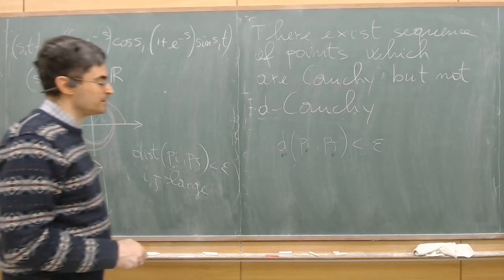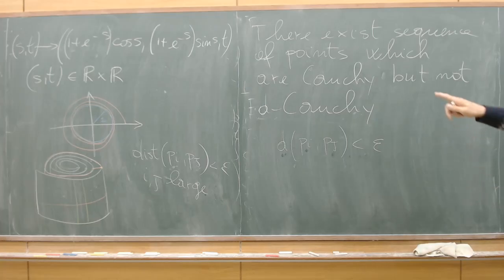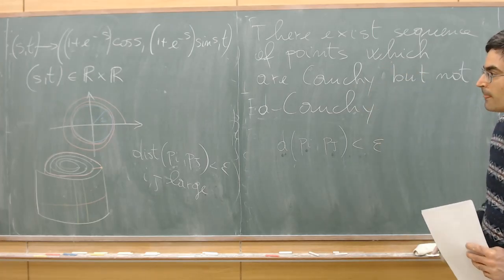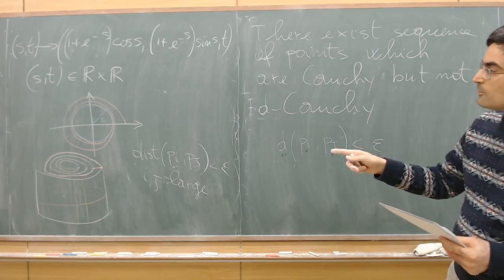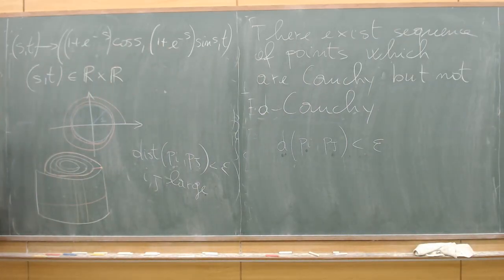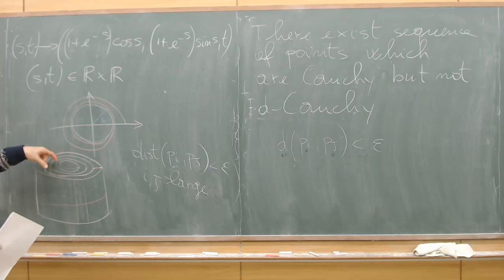So we have one example of sequence which is Cauchy but not d_S-Cauchy, and this sequence converges to missing points because the surface tends to the unit cylinder, but the unit cylinder does not belong to the surface.